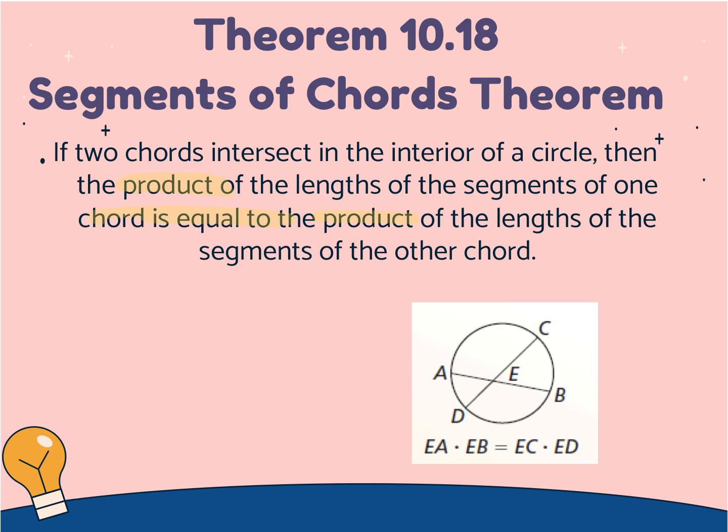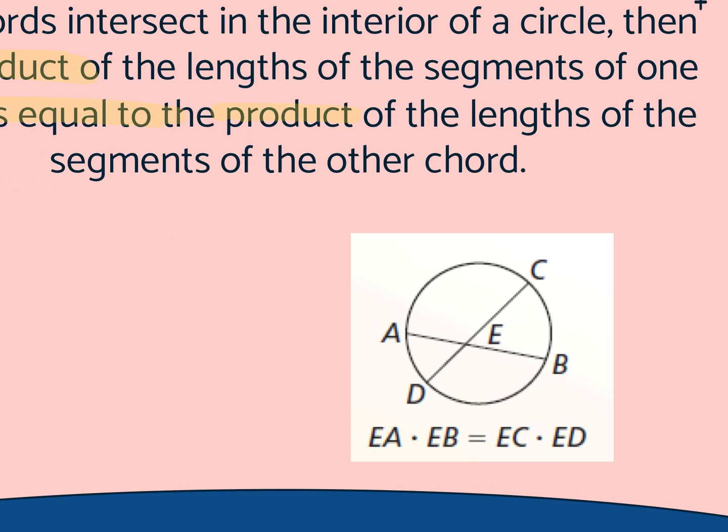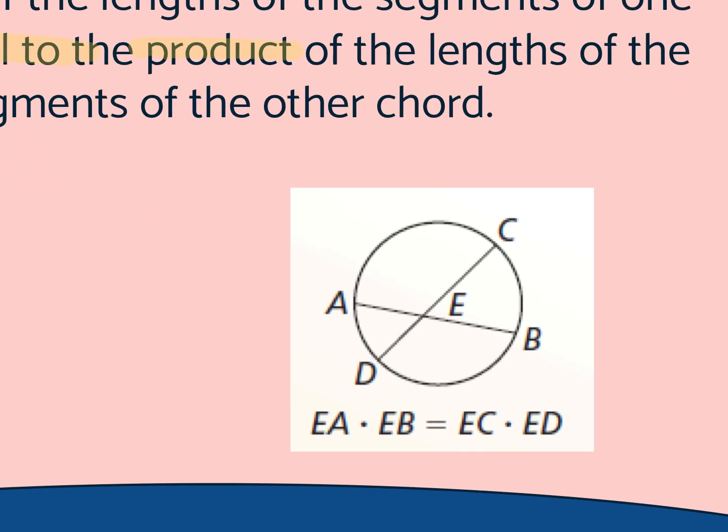So what does that mean? What equals what? When we're looking at it, like we said, we have 2 chords, but we have 4 segments. You're going to take those chords, so here's one, CE times DE, so it's the same chord, the 2 segments times each other, equals EB and then EA.